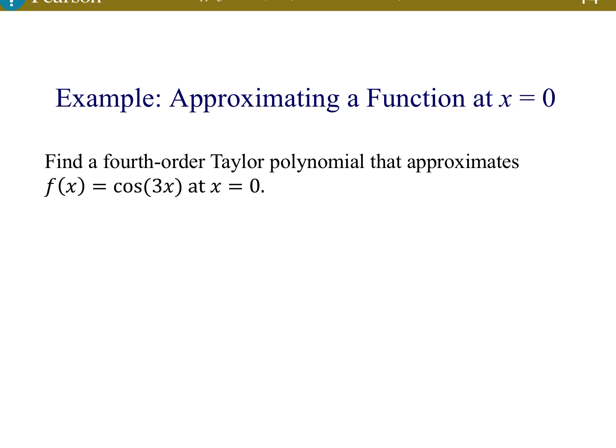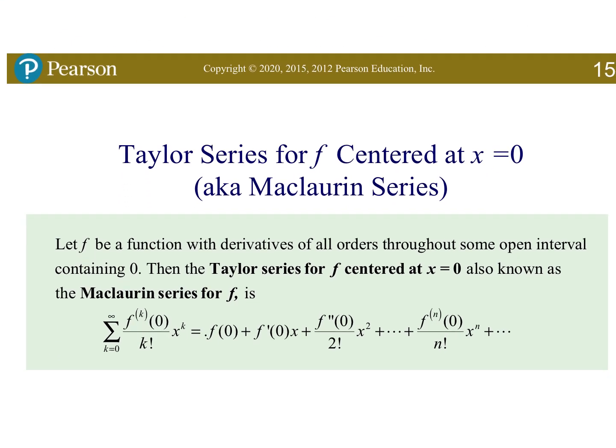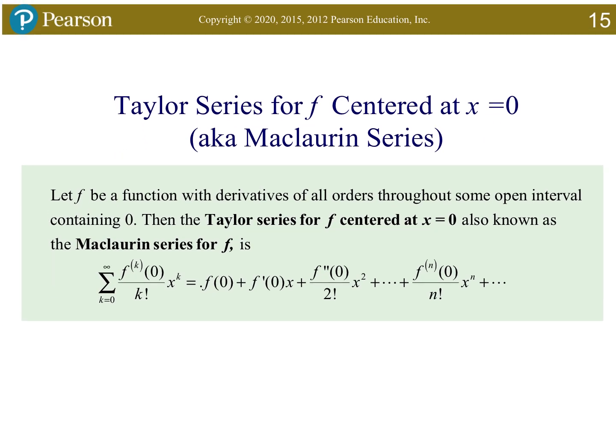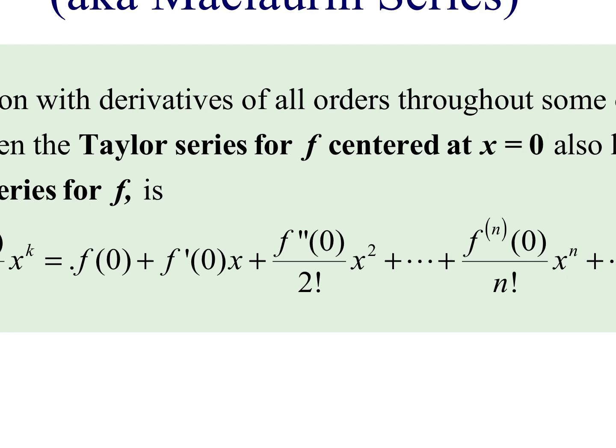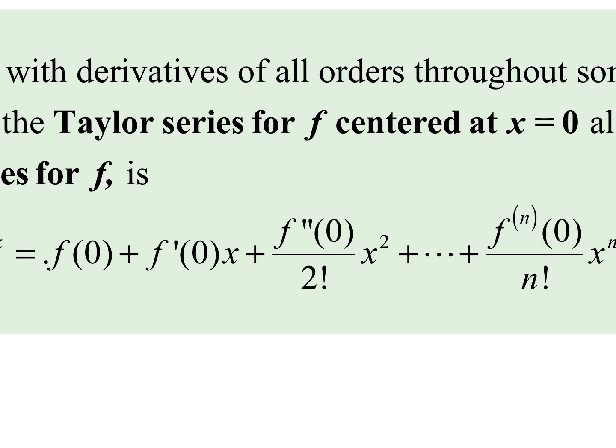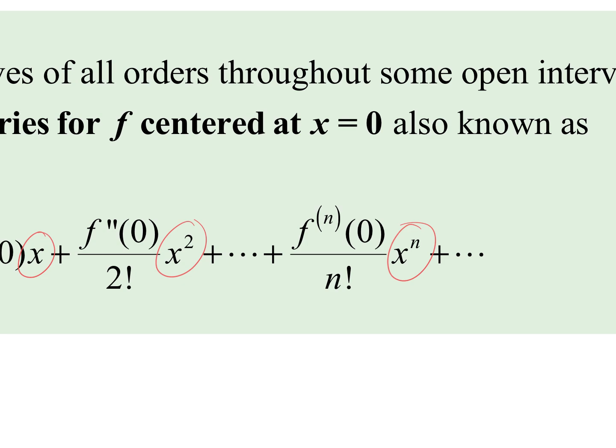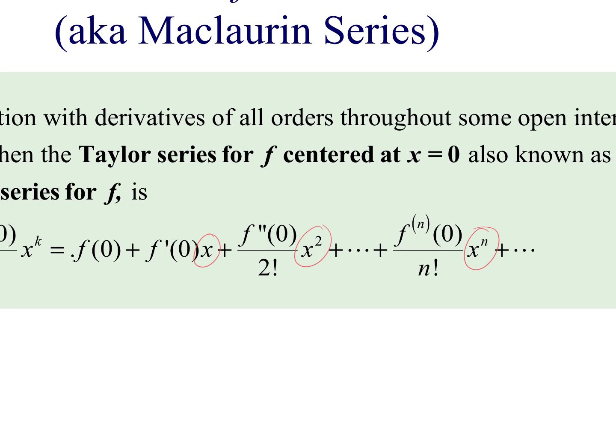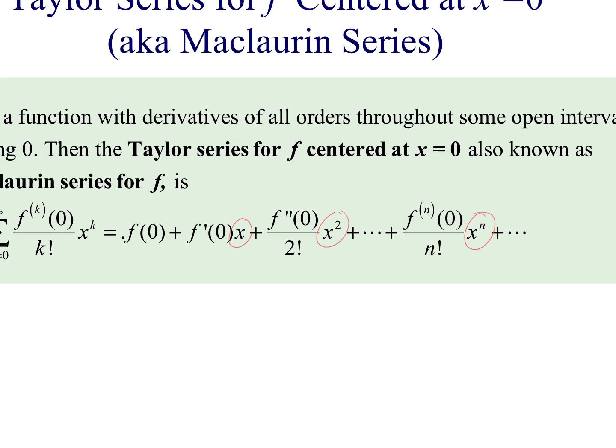Any Taylor series that's centered at 0 is officially called a Maclaurin series. So all of these terms are just x and x squared and x to the n instead of the x minus a. You lose that. It just streamlines it a little bit more.